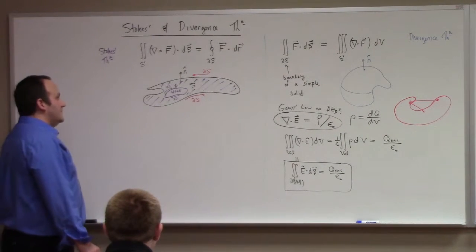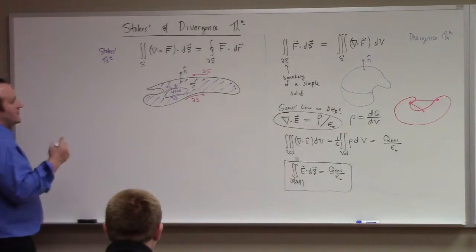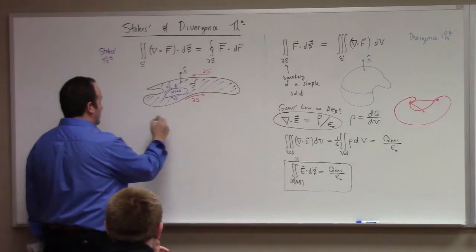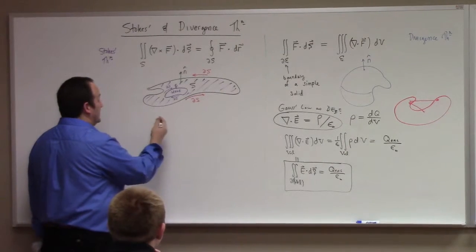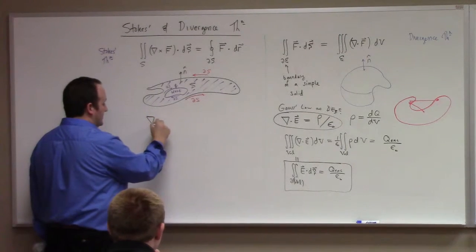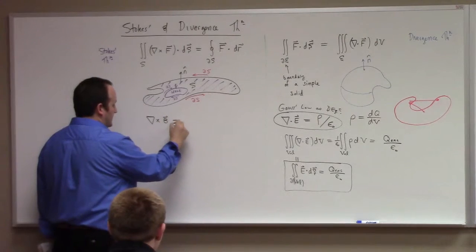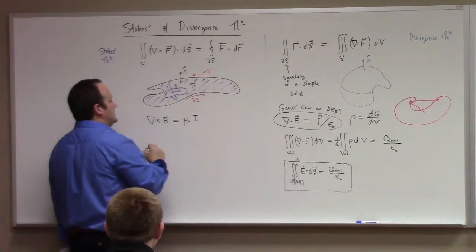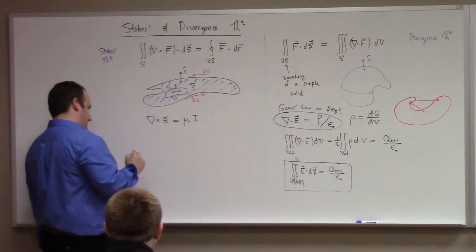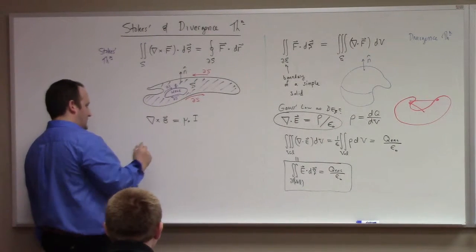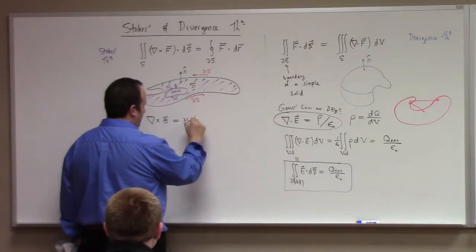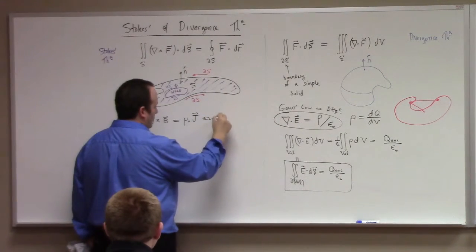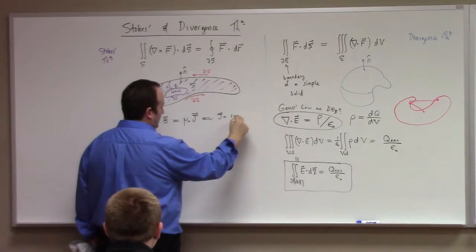Okay, now to explain what Stokes' theorem has to do with physics, it's more complicated, but there is this relation that the curl of the magnetic field is mu naught times J. Here J is the current density.